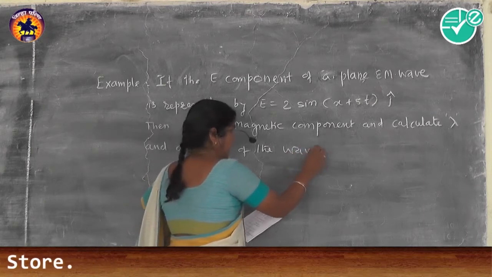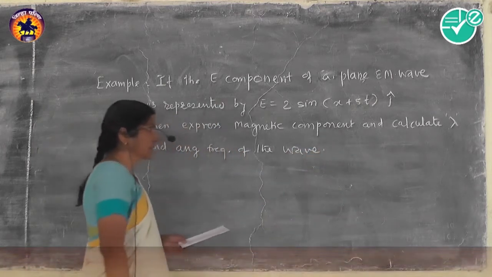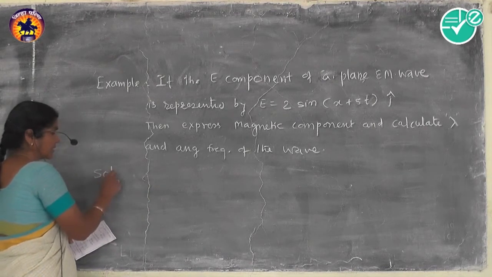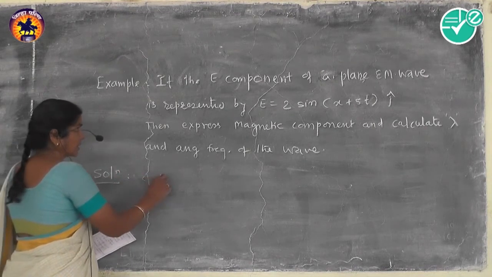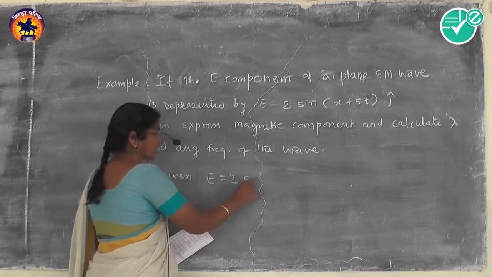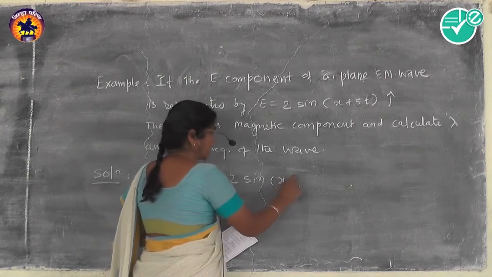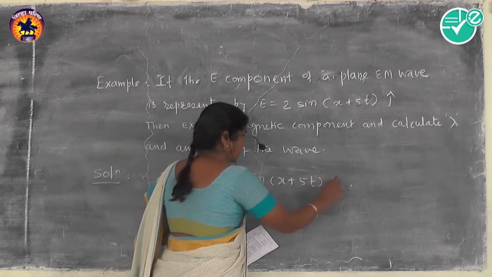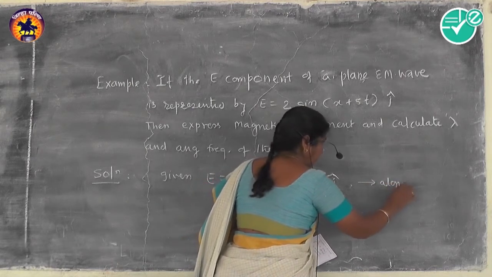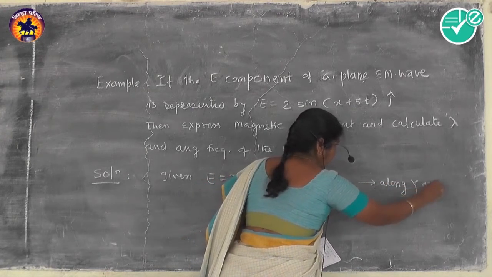So this is a simple example we solve here. The given equation is E is equal to 2 sin (x plus 5t) unit vector j. This is along the y-axis.